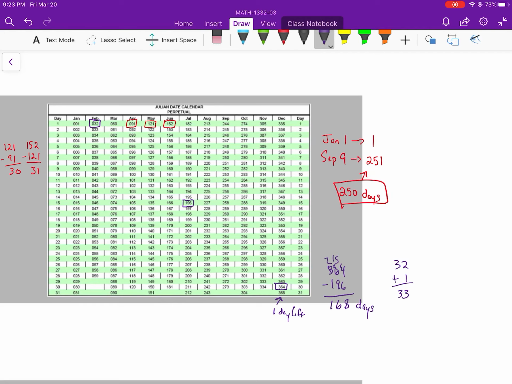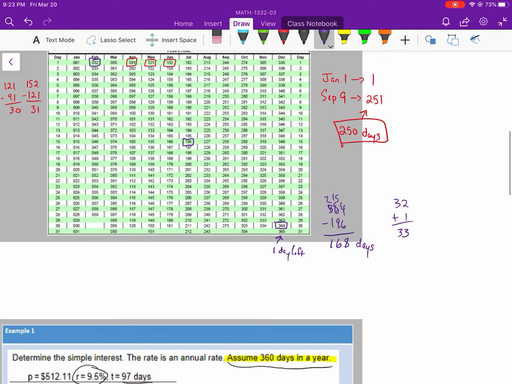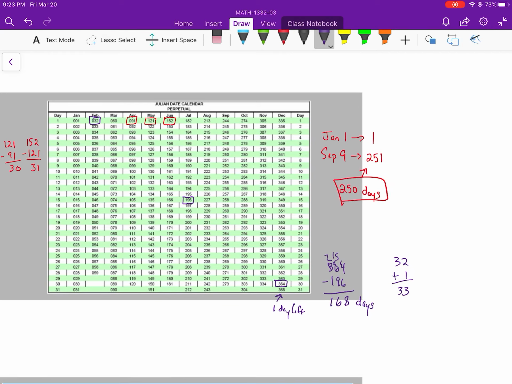We can't do 365 minus 32. Or, well, let's see, it's really December 30th. We can't do 364 minus 32 because then we'll get 332, and there's really not 332 days between those, even if you count them out.